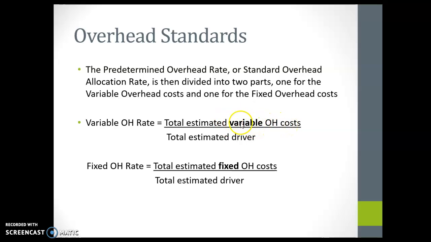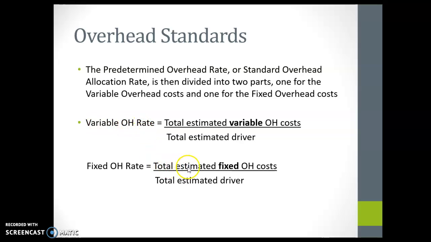So we're only going to add up what we think we're going to spend next year on variable overhead costs. And we'll add up the total, and we already have the total estimated cost driver for next year. So we take the total variable cost we think we're going to spend divided by the total driver. And that gives us our variable overhead rate.